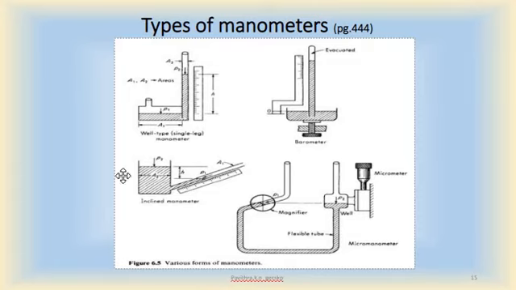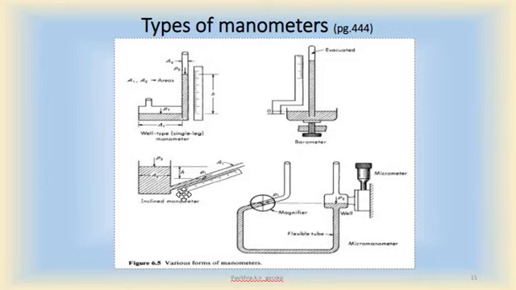So here also we need to maintain this level at some value, and we need to measure the fluid height changes in this single leg. For that the calibrated scale should be calibrated or standardized depending upon the level of the liquid present in this well.